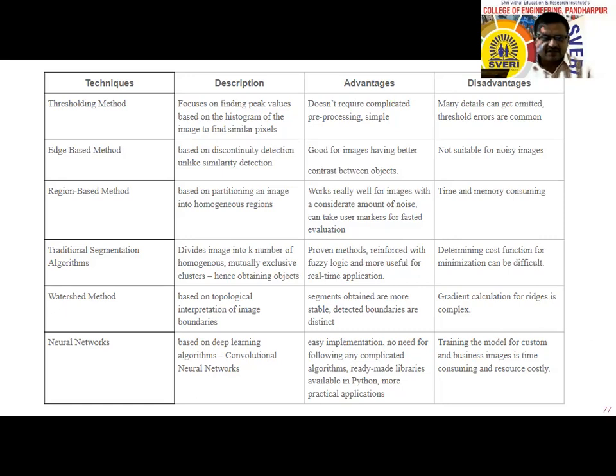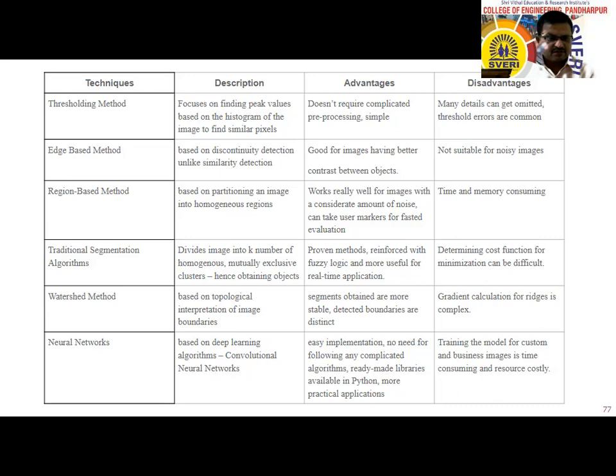Then traditional segmentation algorithms divide the image into k number of homogeneous mutually exclusive clusters, hence obtaining objects. Advantages, proven methods reinforced with fuzzy logic and more useful for real-time applications. Disadvantages, determining the cost function for minimization can be difficult.